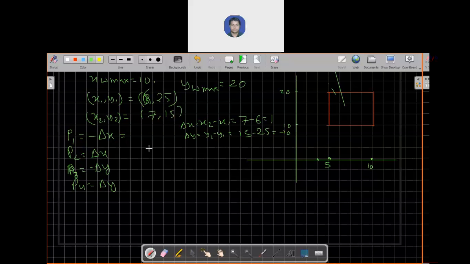So put these values: minus delta x means minus 1, p2 is plus 1, p3 is minus delta y, which is plus 10, and p4 is minus 10. You find the values of p, and in the same way find the values of q1, q2, q3, and q4.